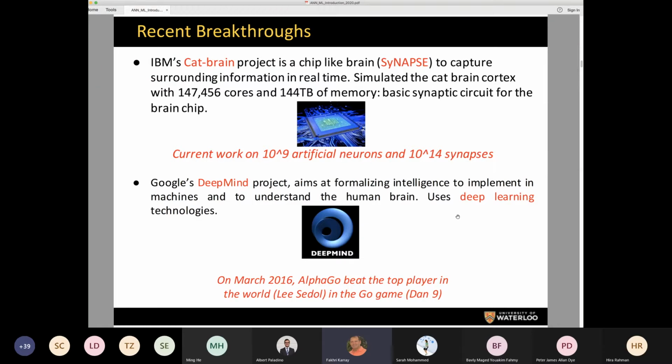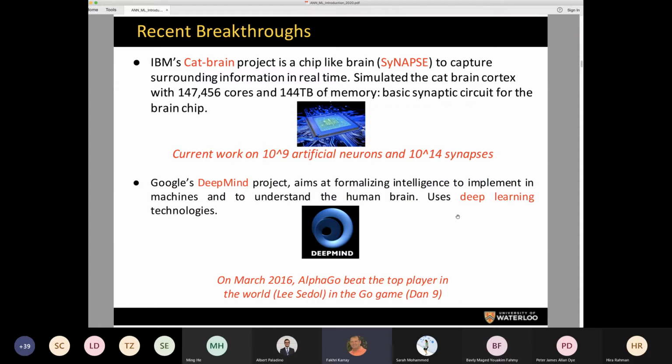Google DeepMind, many of you are familiar with it, has made several breakthroughs over the past few years. One of them is the 2016 breakthrough, and DeepMind, the project of Google's, has recently been able to solve one of the major biological problems for a certain set of sequencing of DNA structure, and this was mentioned in the news only two weeks ago.